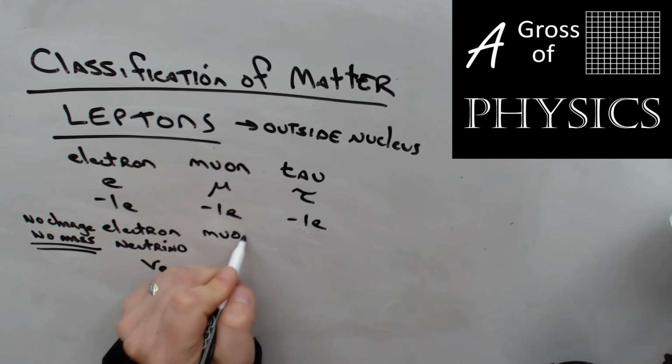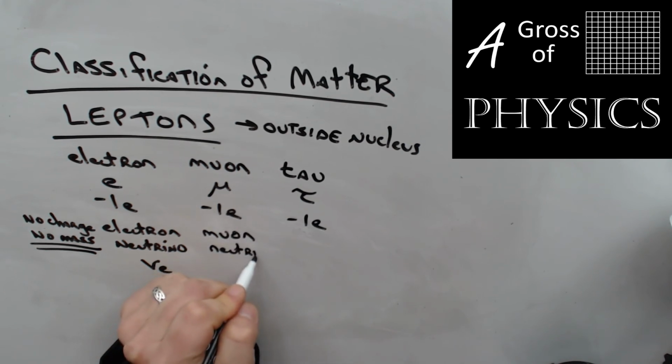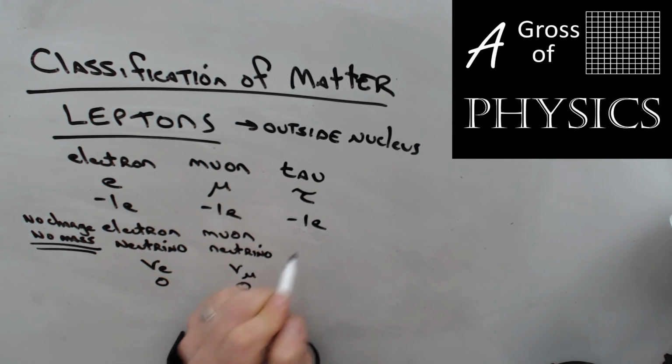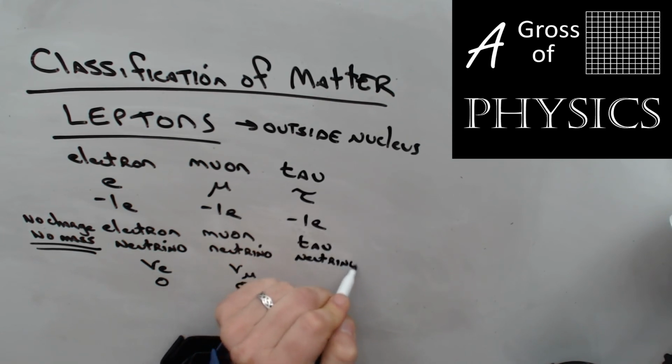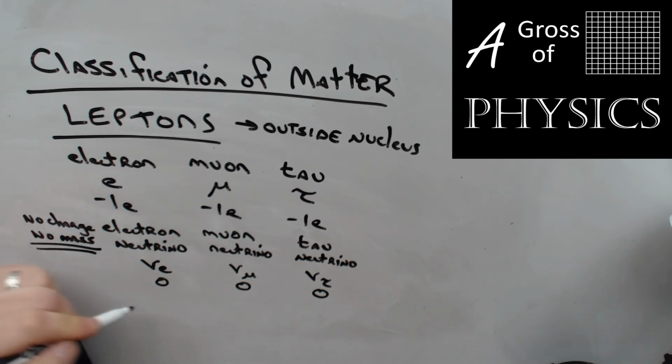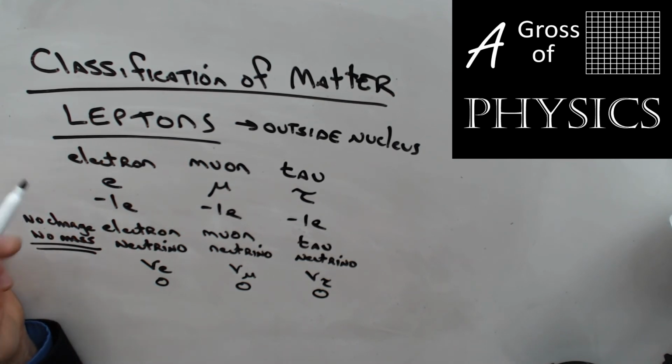The other one is the muon neutrino. Of course it has no charge, so it's 0 charge. The muon neutrino is the nu and mu, and has no charge, and the tau neutrino, of course, is the nu and the tau, and it has no charge as well. Basically, what we need to worry about in this chart is the charge.